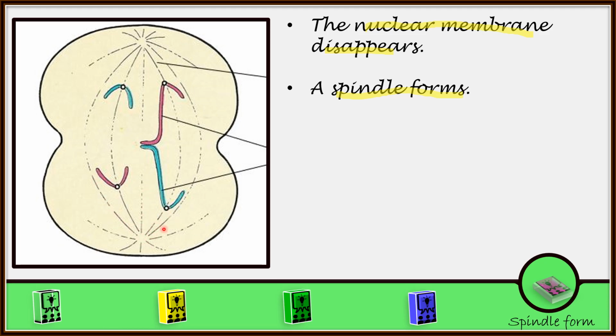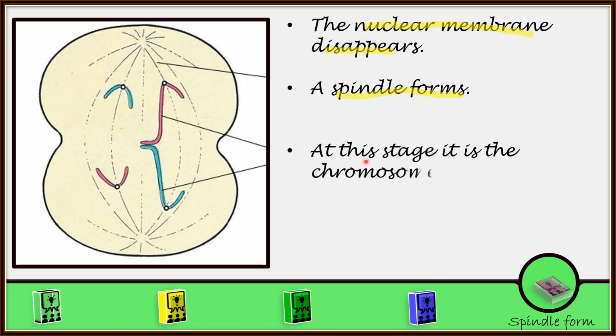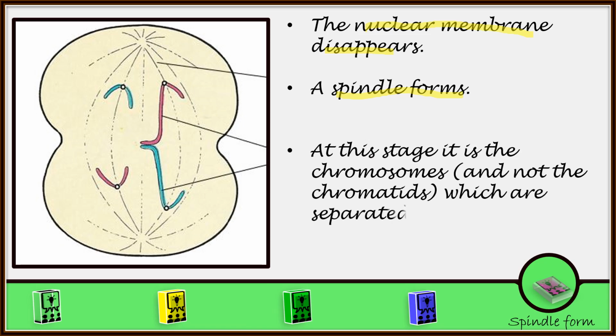They will form. And after the spindles have been formed, at this stage it is the chromosomes, not the chromatids, which are going to separate. So we had the homologous chromosomes lying together. This one was closely together with this chromosome.